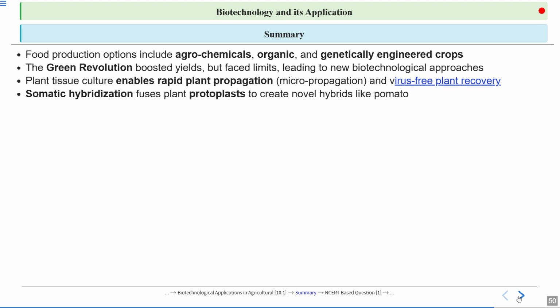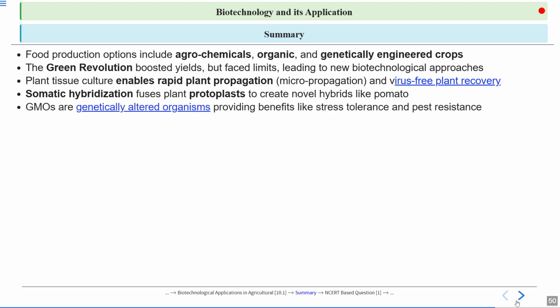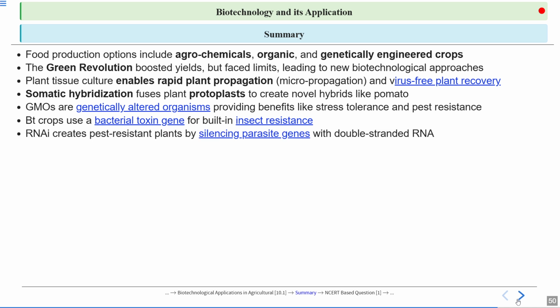Somatic hybridization fuses plant protoplasts to create novel hybrids like pomato. Genetically modified organisms are genetically altered organisms which provide benefits like stress tolerance and pest resistance. Bt crops use a bacterial toxin gene for built-in insect resistance. RNAi creates pest-resistant plants by silencing parasite genes with double-stranded RNA.